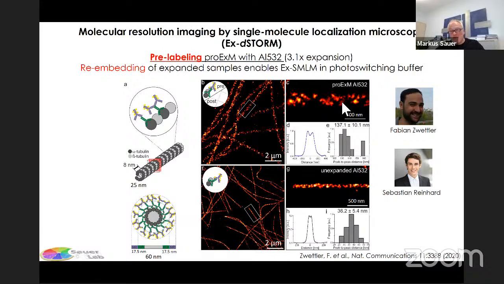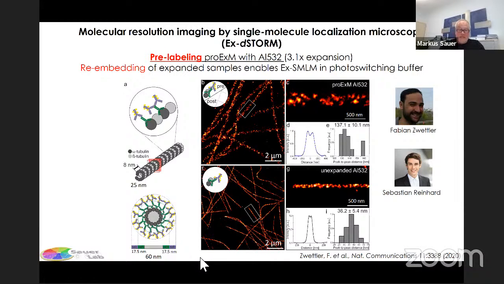And you end up with microtubules with a diameter of about 140 nanometers. For comparison, for the unexpanded sample with the same immunostaining, you measure a diameter of about 40 nanometers. Yeah, this is about the distance from here to here.